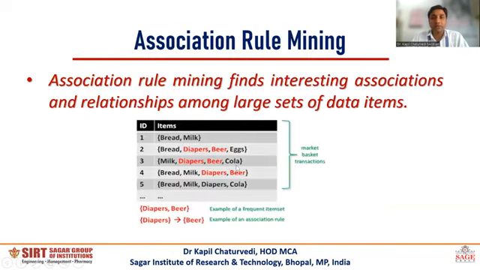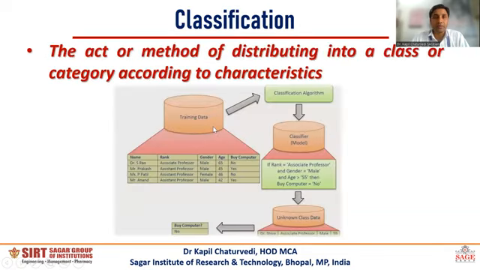Now, association rule mining, as we discussed, is used to find the frequent patterns. We'll discuss in detail. Basically, we'll use the Apriori algorithm, FP-growth algorithm, and vertical data format algorithms. Here some items are mentioned, where we have to find the association between them.